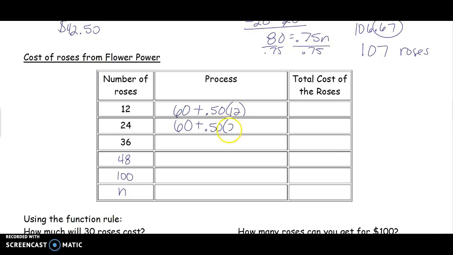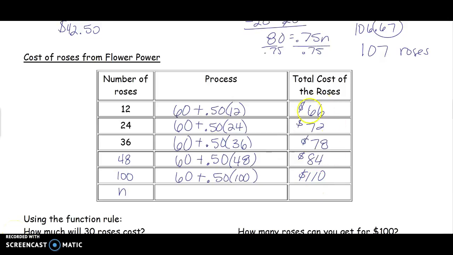Filling in next to the 50 cents in our parentheses is the number of roses that we were given. Okay, and then once we have that filled out, I want you to pause the screen, and I want you to figure out the total cost of the roses. So you'd fill out that side. So as soon as we get this filled out, I'm going to pause so I can do it as well. And I'm going to wait on the end.